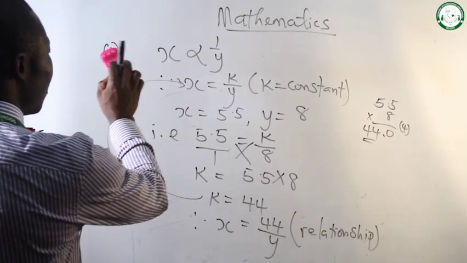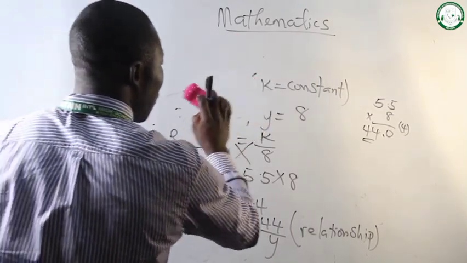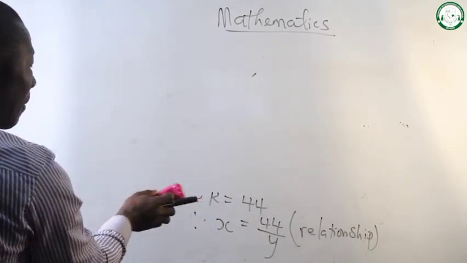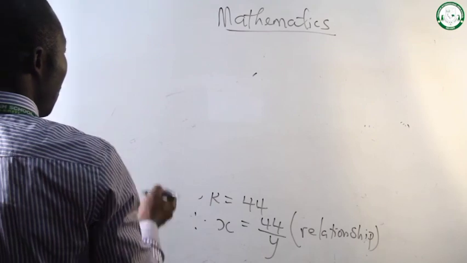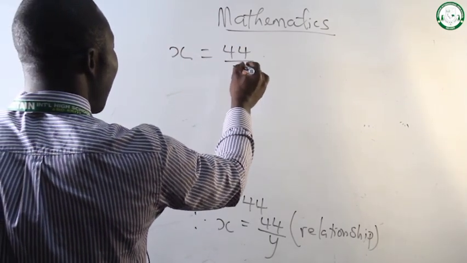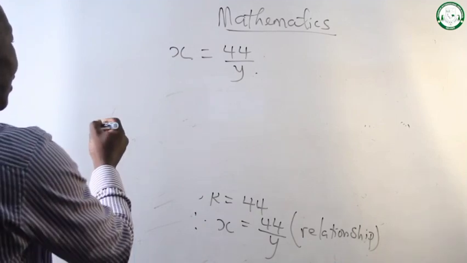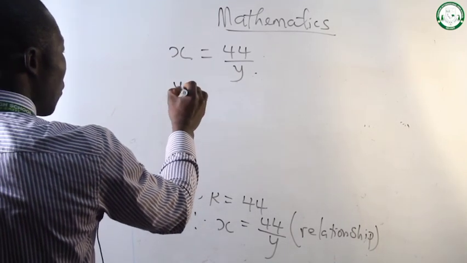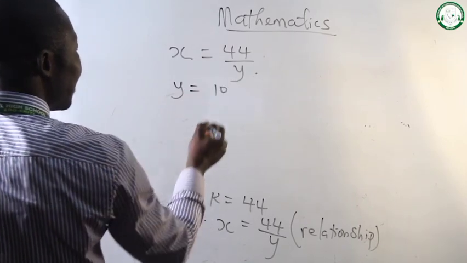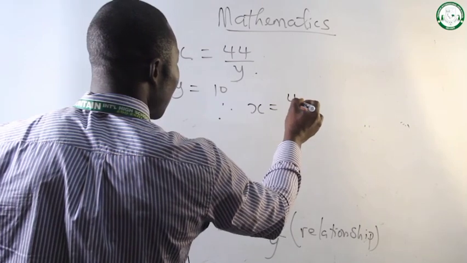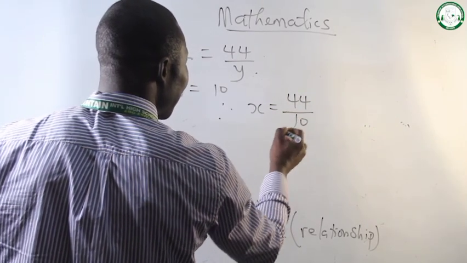Now let's try to look at the first question as we are still solving the question. On this note, we have x equals 44 over y. Don't forget the first question that we're given. It means when y equals 10, therefore x equals 44 divided by 10.